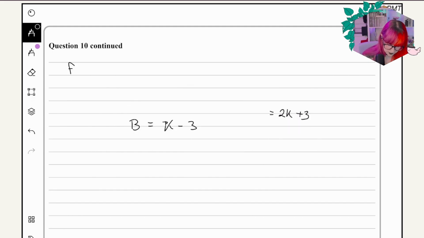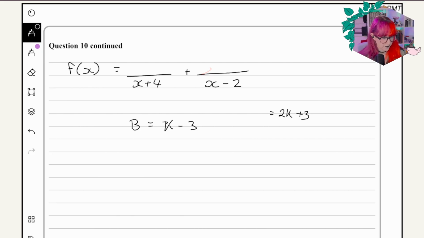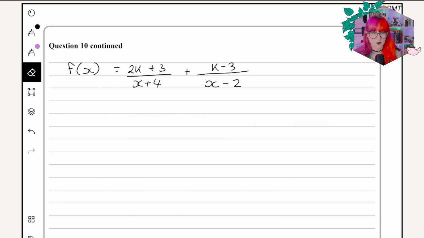Okay, so this gives me, we had f of x equals something over x plus 4 plus something over x minus 2. And it was a and b, so it was 2k plus 3 and k minus 3.